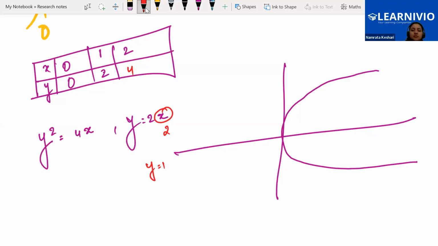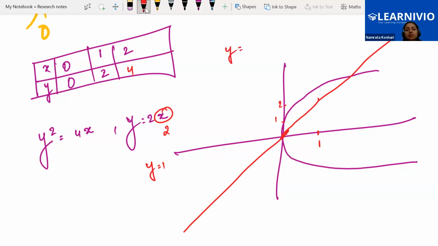Okay, so this also will be a straight line passing through 0, 0. Then x is 1, y is 2. Somewhere here. So this is how we'll be getting a straight line. You just roughly will be able to draw the straight line.